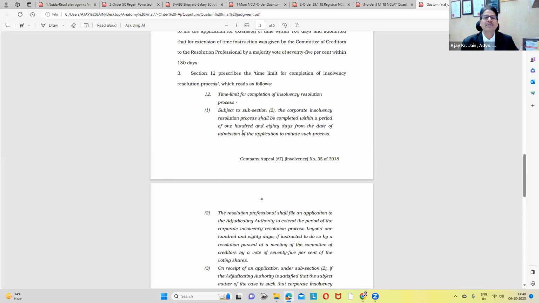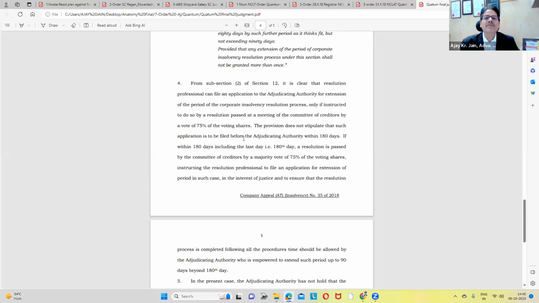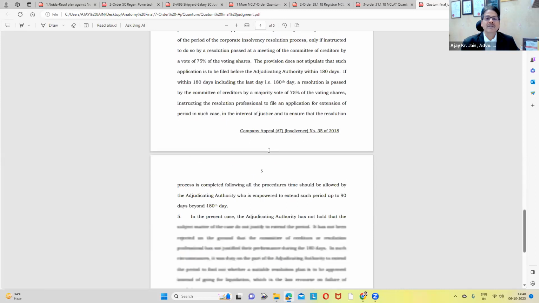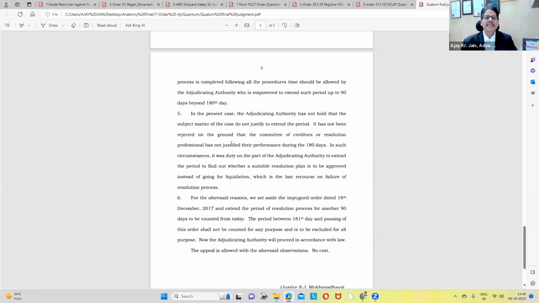He has reproduced this provision on the time limit for completion. It is clear the resolution professional can file the application only if instructed by the resolution passed by the COC. In the present case, the adjudicating authority has not held that the subject matter of the case does not justify extending the period.